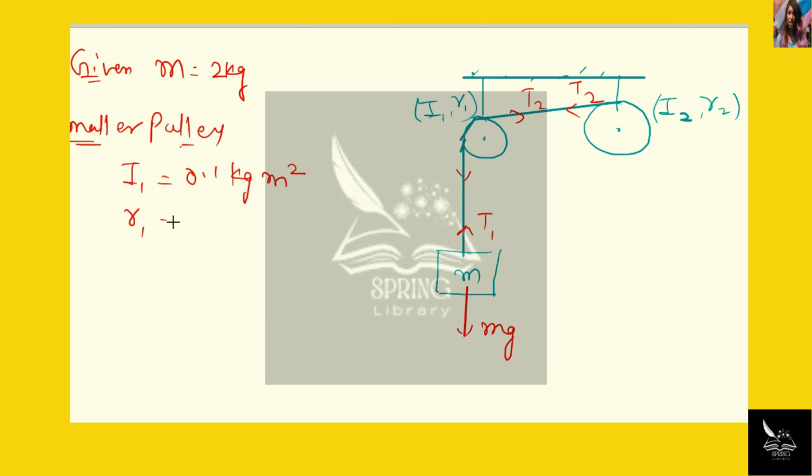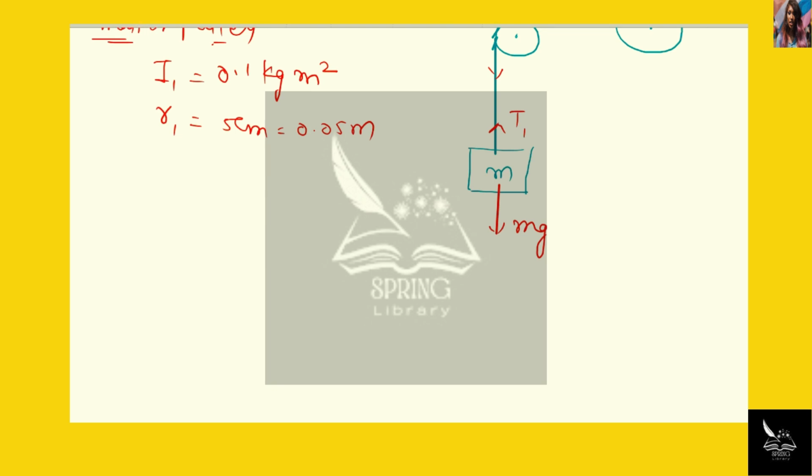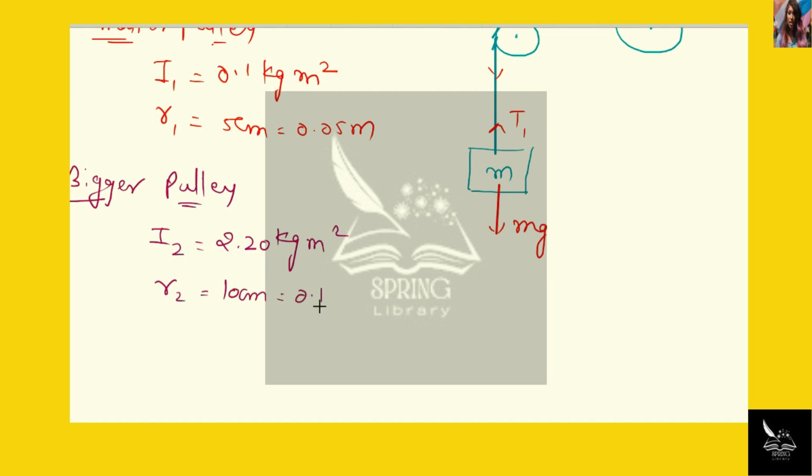Radius of this pulley R1 is 5 cm, or I can write it 0.05 meter. For the bigger pulley, the moment of inertia I2 is 2.2 kg meter square and its radius R2 is 10 cm, or I can say 0.1 meter.